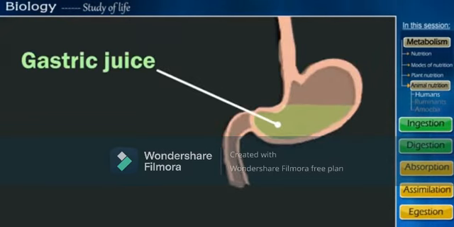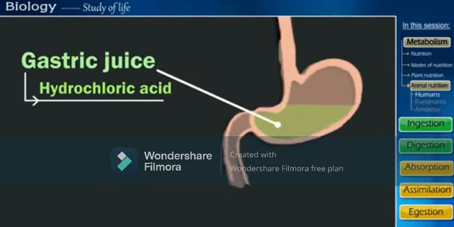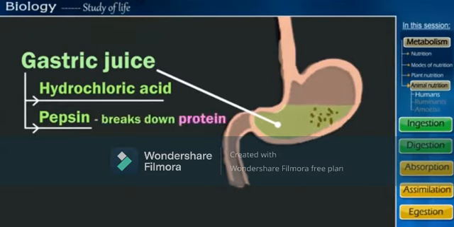So the gastric juice contains hydrochloric acid, and this hydrochloric acid sometimes causes acidity in the stomach, which is why we feel that our stomach is burning, our chest is burning. Along with it, this acidity also causes burps.